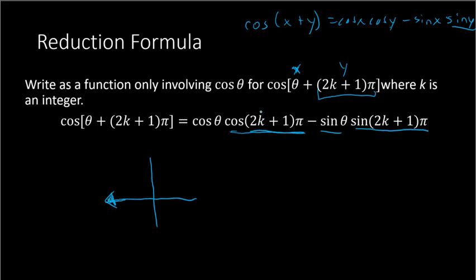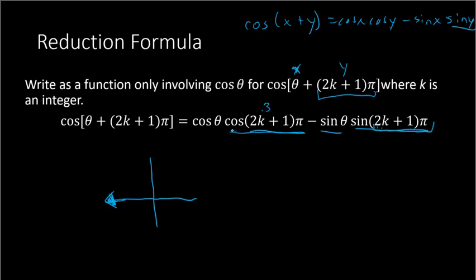If you plug a 1 in place of k, we have 2 times 1 plus 1, which is 3, so we'd have 3 pi. If we put a 2 in place of k, 2 times 2 plus 1 gives you 5 pi. So each time it's going to be in the same spot, over here, and the same thing for sine, as it's the same angle.